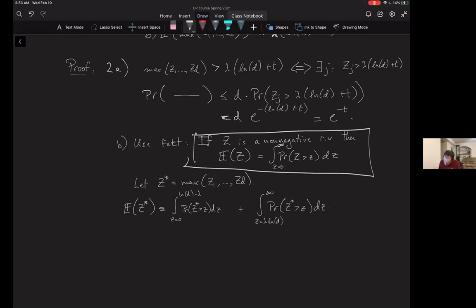And actually, I'm just going to divide everything by lambda because it's going to make our calculations a little easier, so we don't have to drag lambda around.